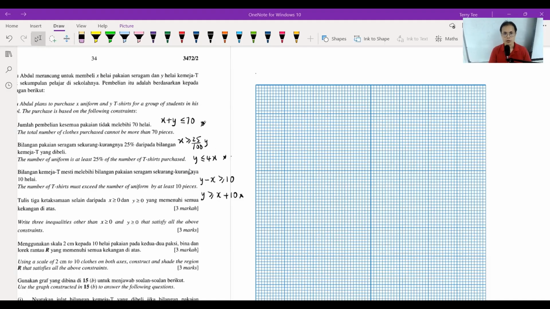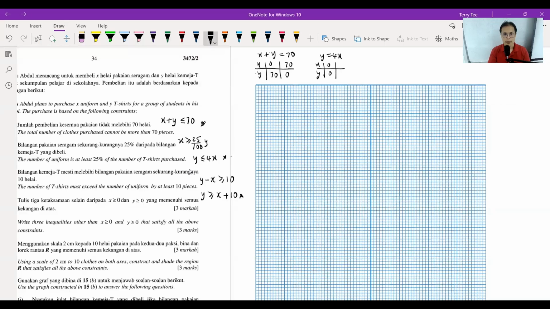So first one, X plus Y equals to 70. I like to use X equals 0 and Y equals 0, because X equals 0, your Y is 70. This is your Y-intercept, pintasan Y. Y equals 0, X is 70. This is your pintasan X. So for Y equals 4X, we use X equals 0, Y equals 0.